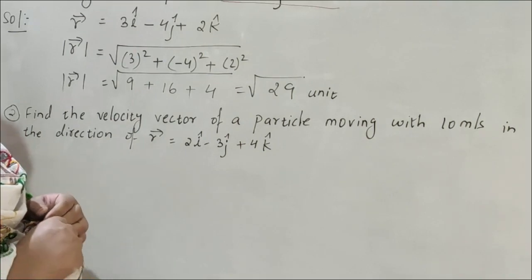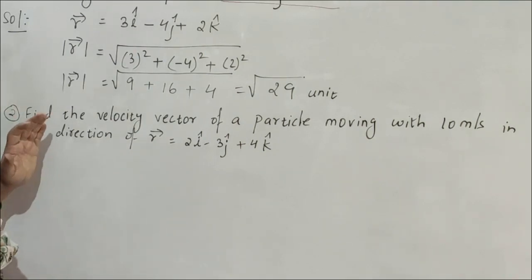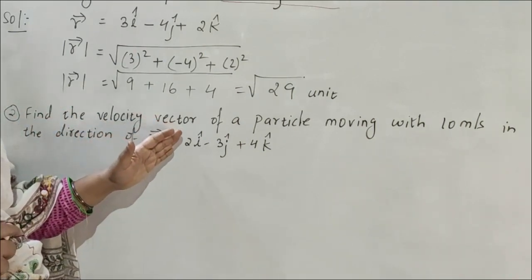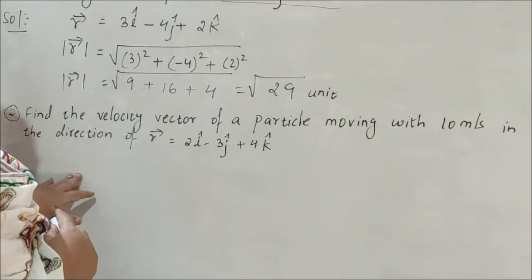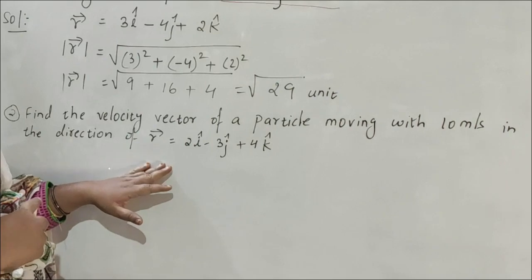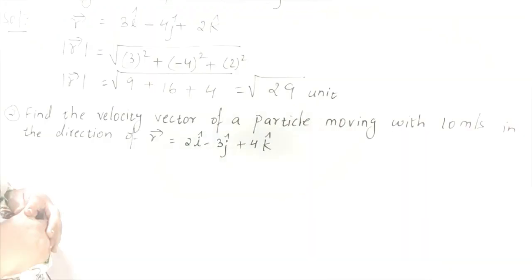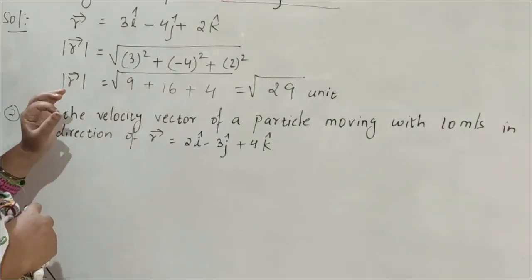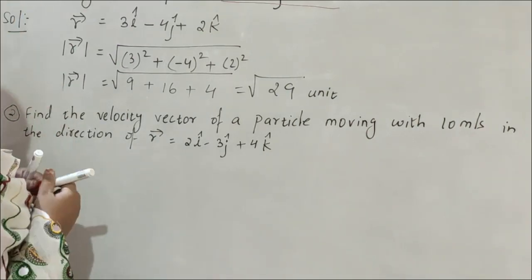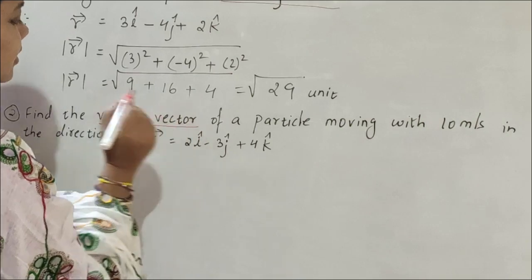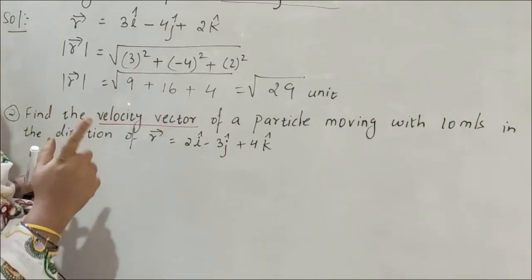Now we'll move to question number 2. What is question number 2? Find the velocity vector of a particle moving with 10 meter per second in the direction of r vector equal to this. Once again, you have to find the velocity vector of a particle.